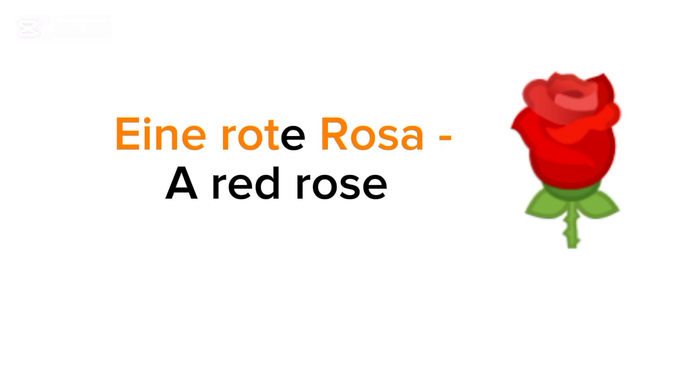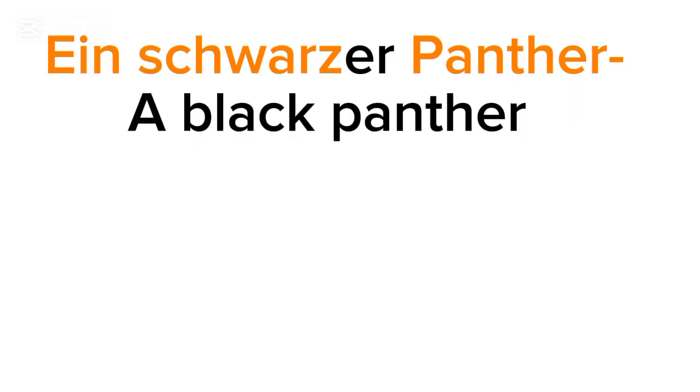You will just learn them as you proceed with the course. Remember, this is just the basics. So you will say eine rote Rose, a red rose. Oder ein schwarzer Panther. Ein schwarzer Panther. A Black Panther. I don't know if you have ever watched this movie, one of the best movies. It's called Black Panther. So you just say ein schwarzer Panther, okay?